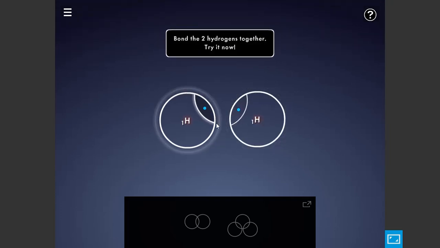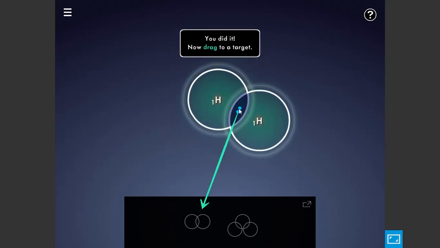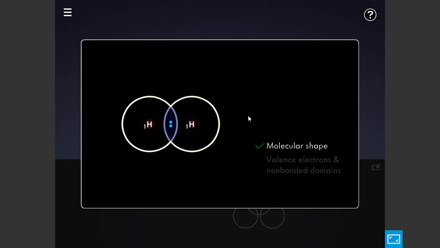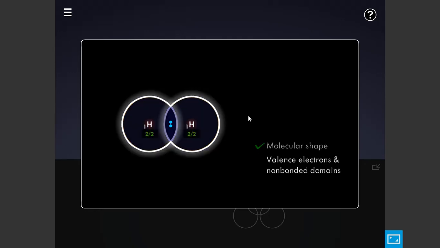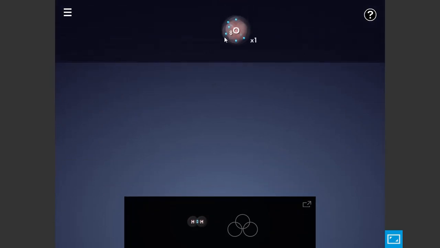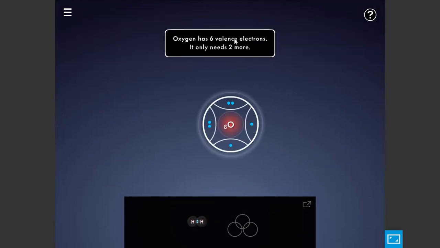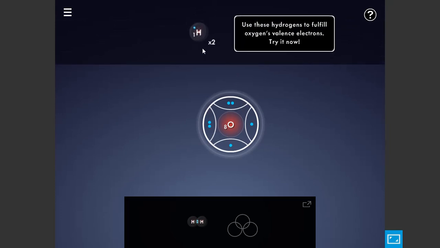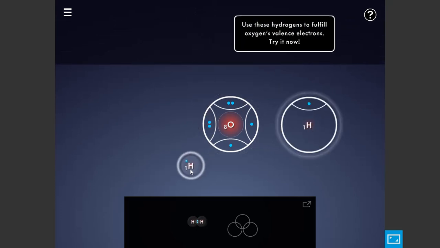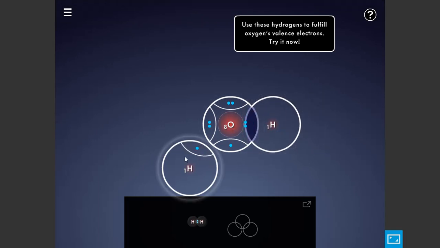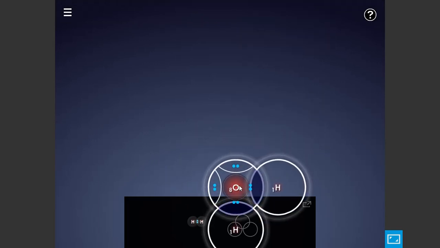So now we're going to bond them together, and we made one single bond. Oxygen has 6 valence electrons. We need to make 2 bonds. That's 1 bond, 2 bonds. That's water.